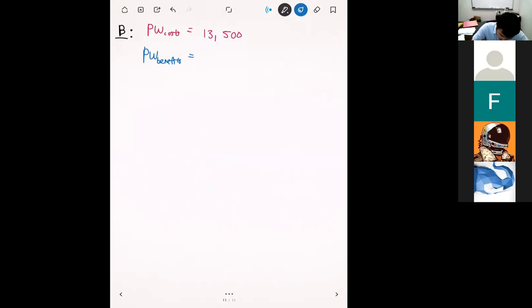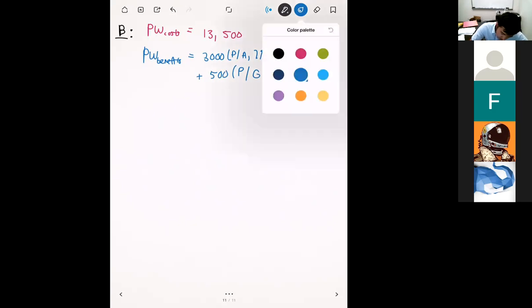So we have 3,000 P over A, I equal to 7%, N equal to 5, plus 500 P over G, 6%, and 5. If we do this, we get 16,120.